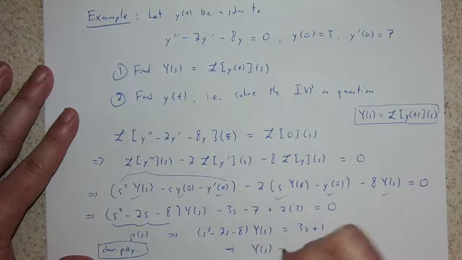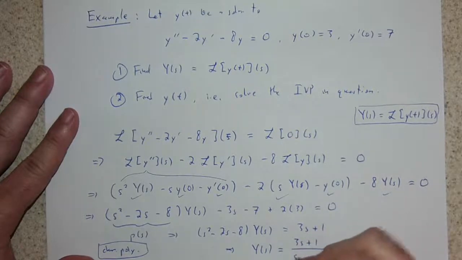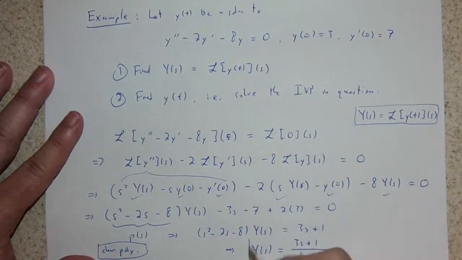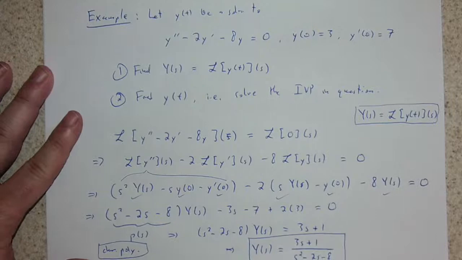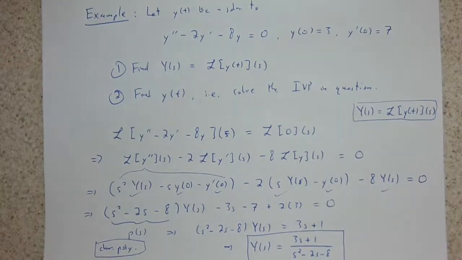And so big Y of s is 3s plus 1 over s squared minus 2s minus 8. So I have solved for my Laplace transform of big Y.